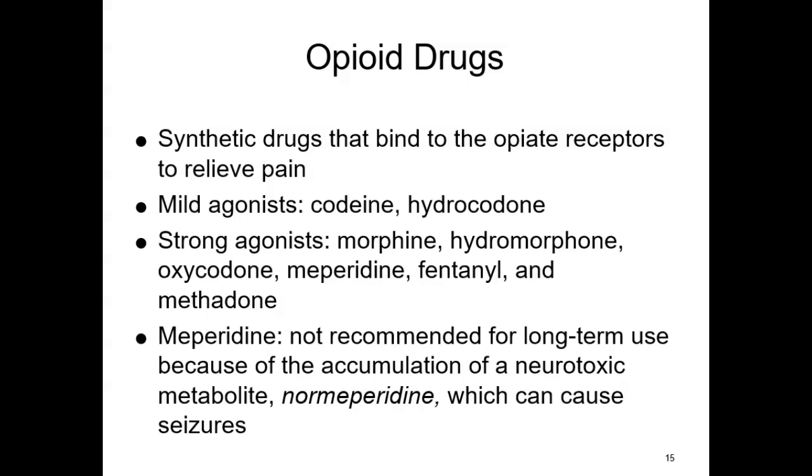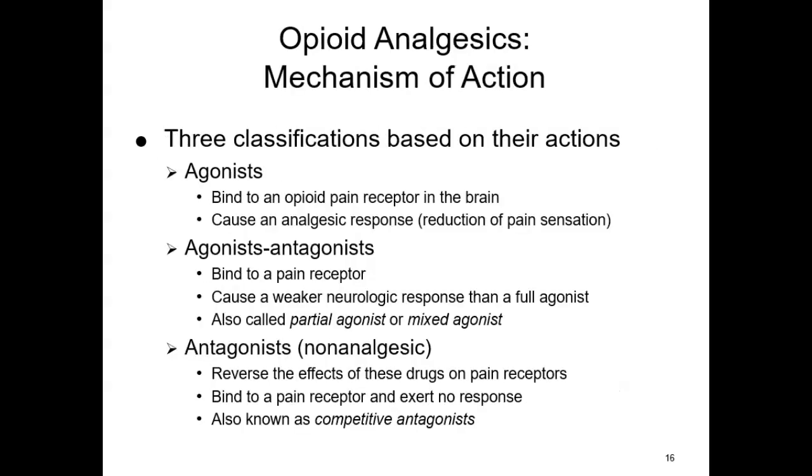Meperidine is not widely used anymore. Fentanyl is not as widely used in a hospital setting outside of operating room and some other special locations. And methadone. So remember, meperidine used to be more common. It's just not anymore. So just understand where it sits, but it's not something you would commonly be giving.